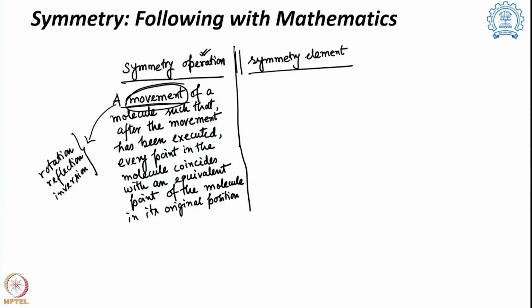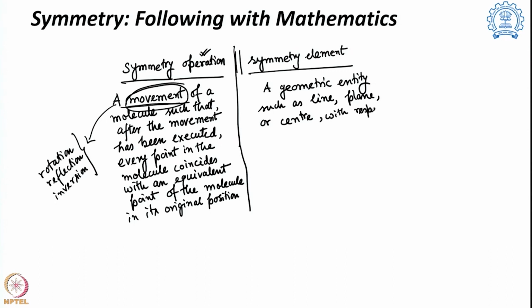What is the symmetry element? The symmetry element is a geometric entity such as a line, plane or center, with respect to which one of the symmetry operations is performed.